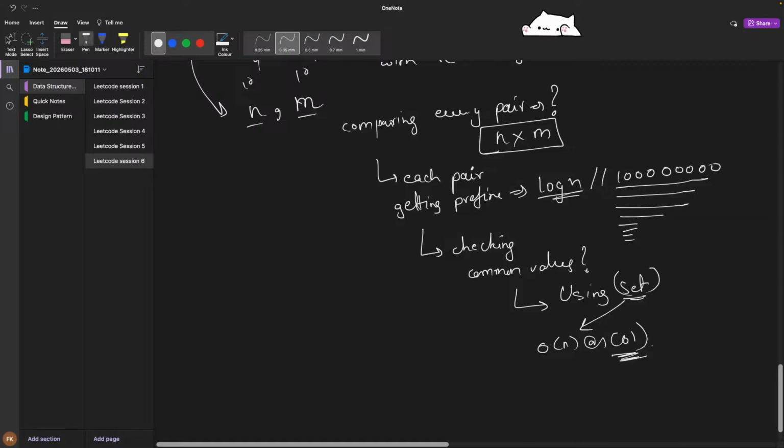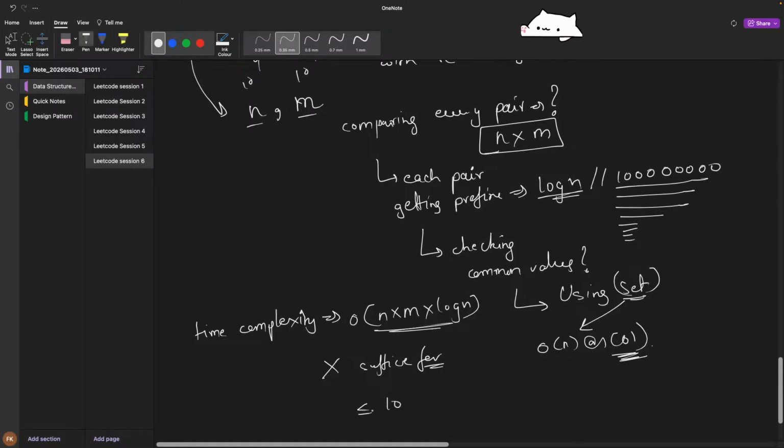I'm going to take O of 1, but even then our time complexity comes down to O of n into m into log n, which will not suffice for the constraint of less than or equal to 10 power 4.